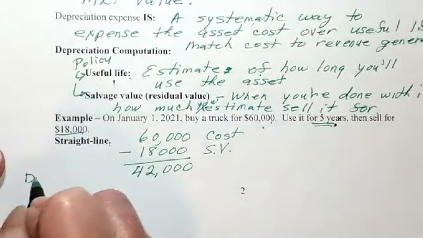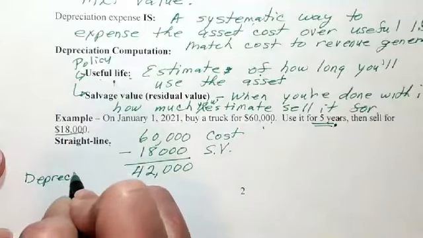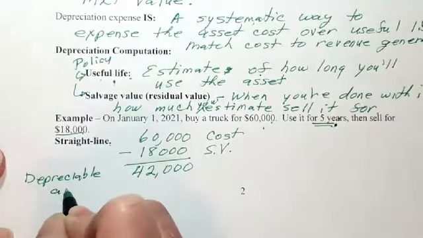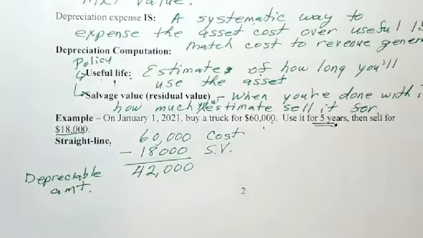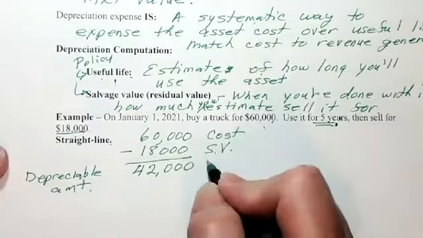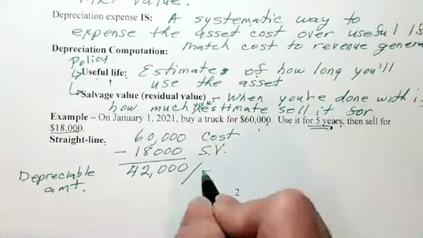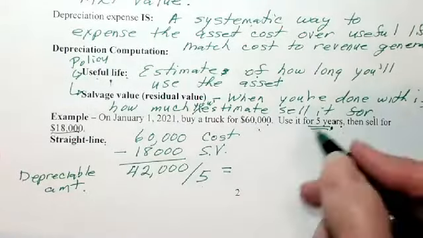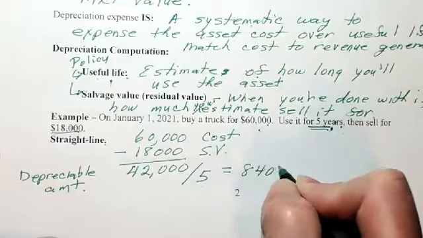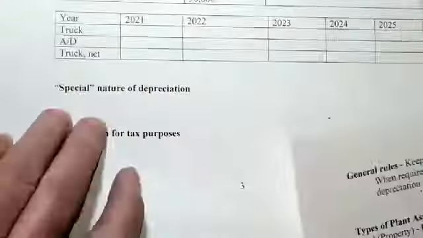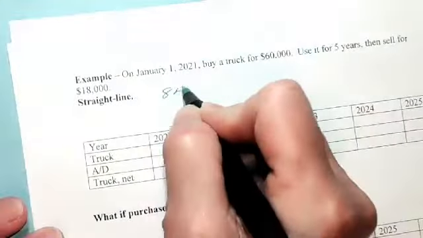Call that our depreciable amount. That's how much we're going to depreciate on it. We're going to divide that by our number of years. I changed that to 5 so the numbers come out. So 42 divided by 5 is 8,400 per year. Copy that over here, 8,400 per year.